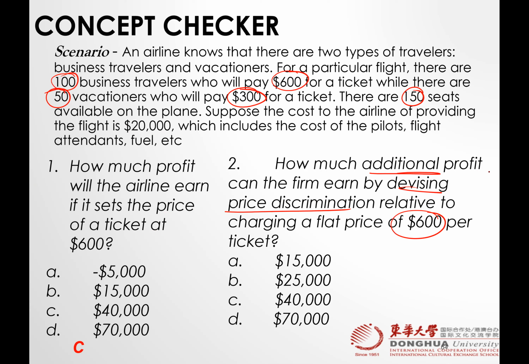Now, how much is the additional profit? Well done. Because they are already covering their cost and have 40,000 profit, plus 300 multiplied by 50, the additional profit is going to be 15,000.